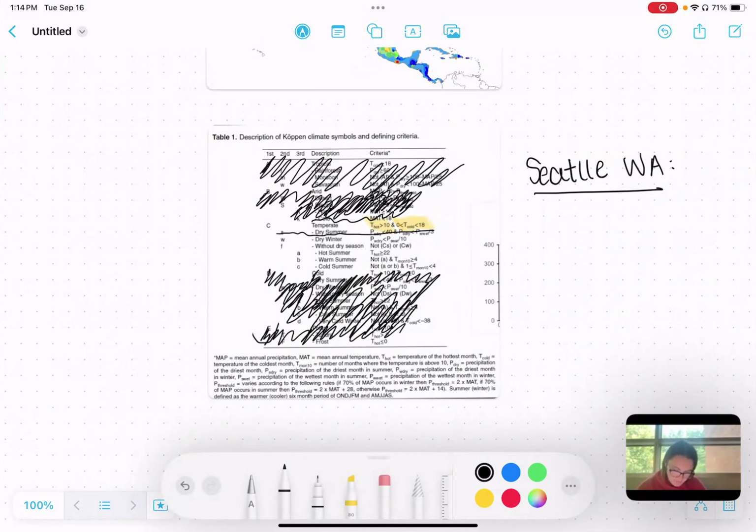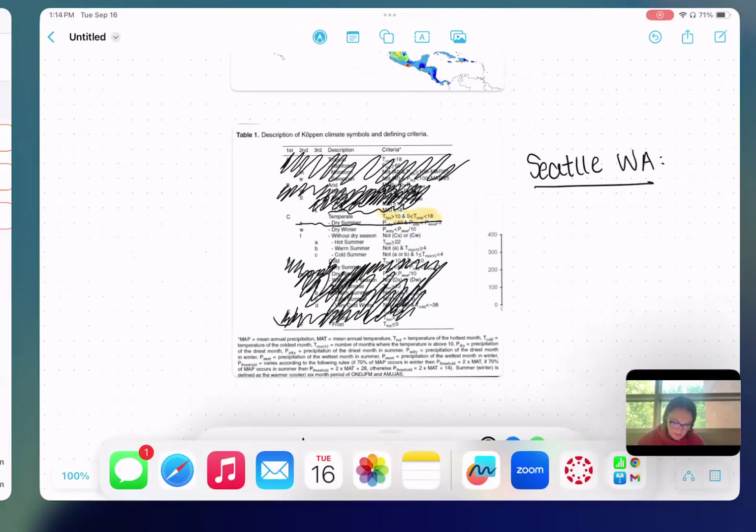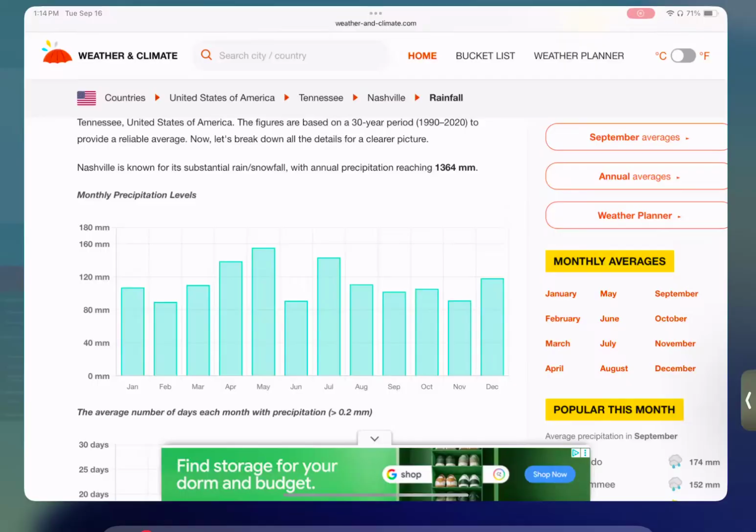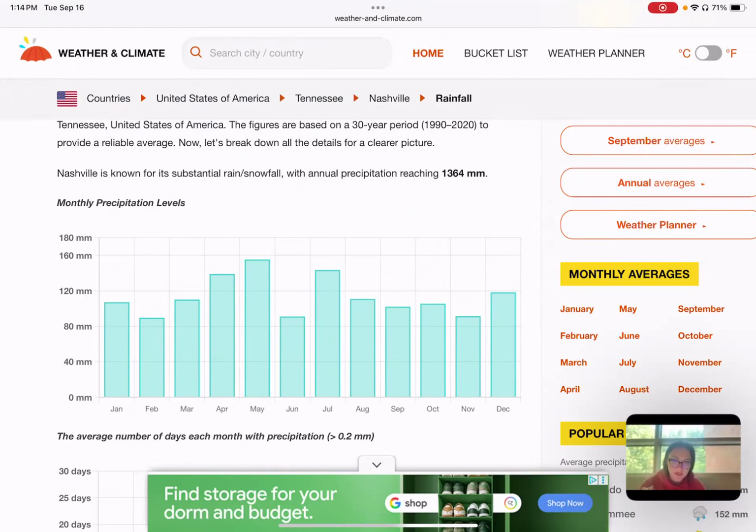So dry winter: our precipitation of our winter driest month must be less than the precipitation of our wettest month in the summer divided by 10. So let's go back to our map and find first the precipitation of our summer months. The highest precipitation is in May, and we're going to count that as our summer. That's maybe 150, and we need to divide that by 10.